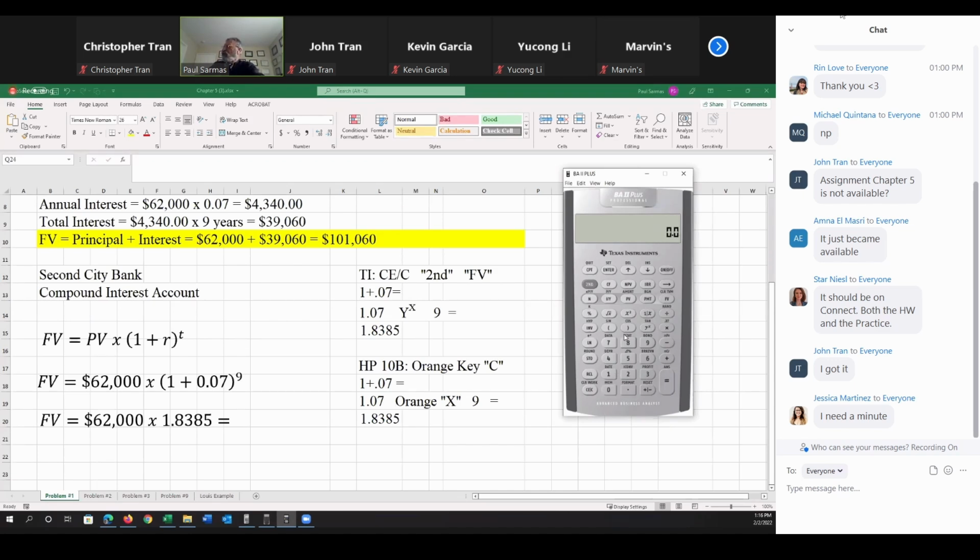As I said, the calculator gives you 1.07. Press the Y to the X key, which is right here on top of 9, and then you put 9 years and you put equal. So you have to do equal. And that gives you 1.8385.